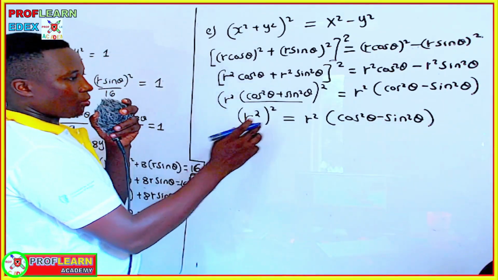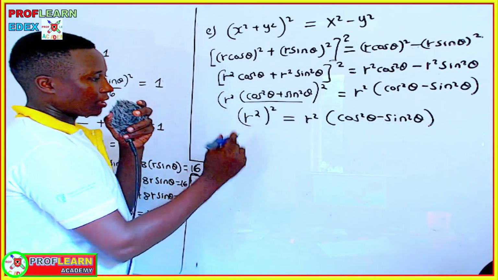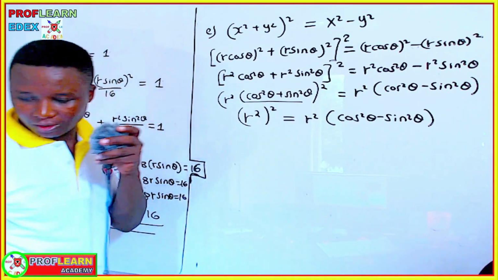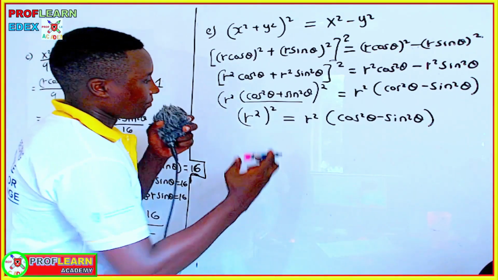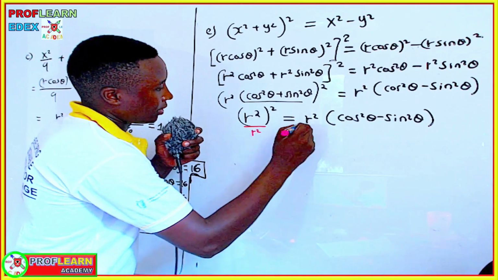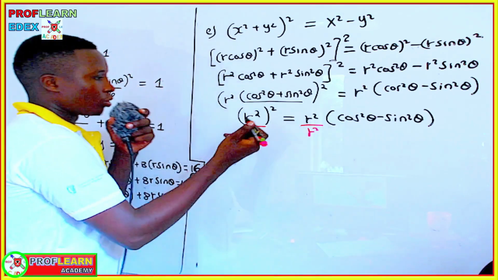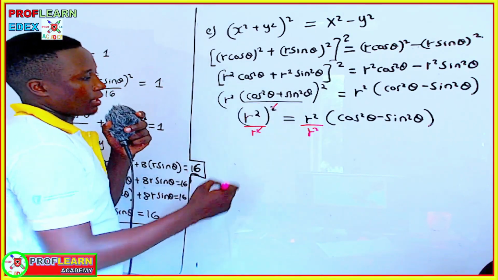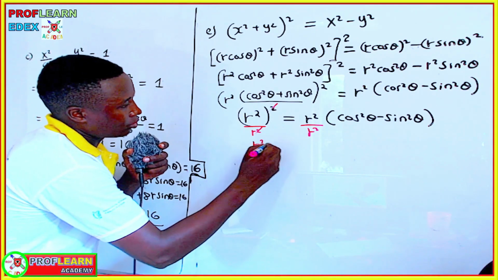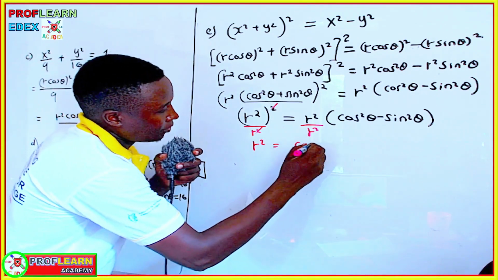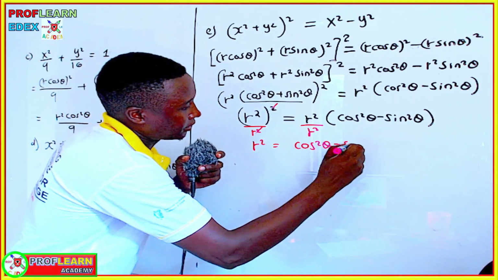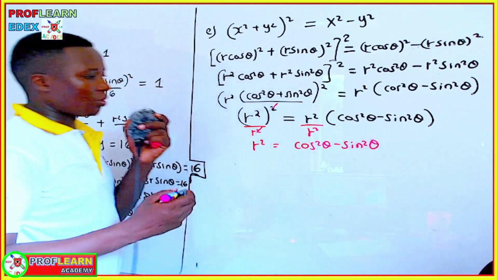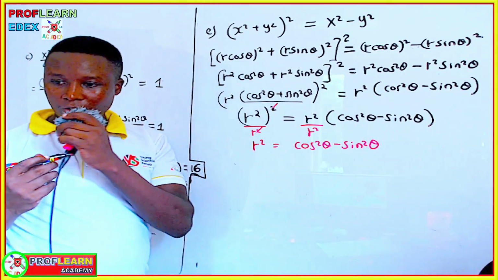You can see now that one of the r squared will cancel out, because if we divide both sides by r squared, we have r squared equals cos squared theta minus sine squared theta. So what does this represent in trigonometry?